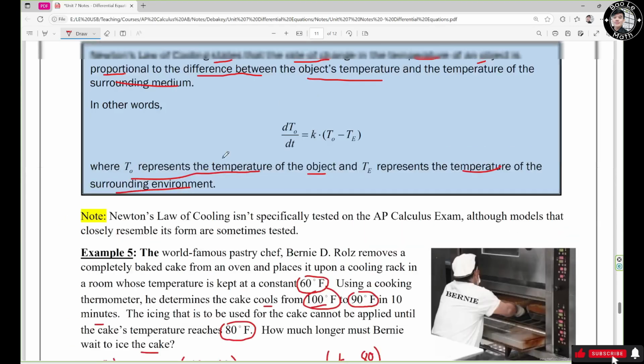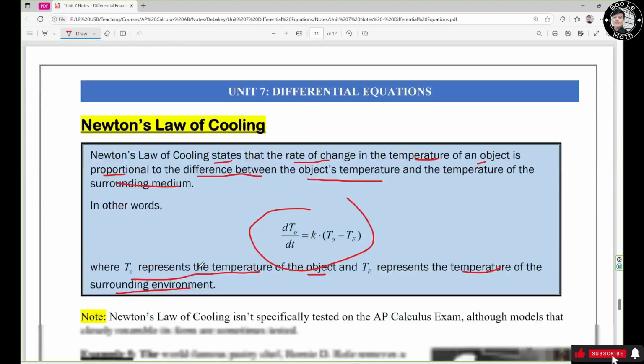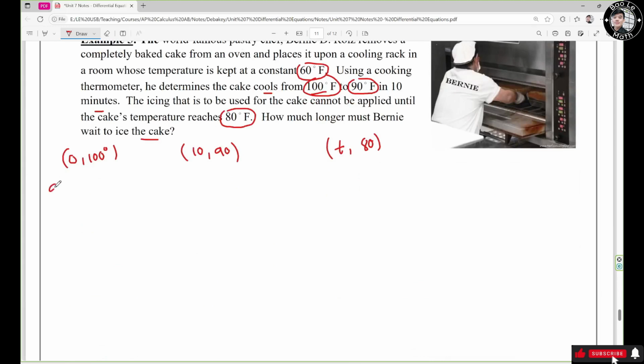Alright, so you're going to use the formula right here. So you have dT0 over dt equals k times T0 subtract Te. But Te right here is 60, so you need to substitute 60 for Te.